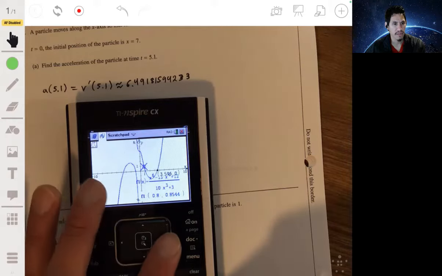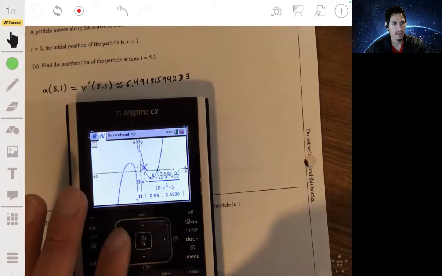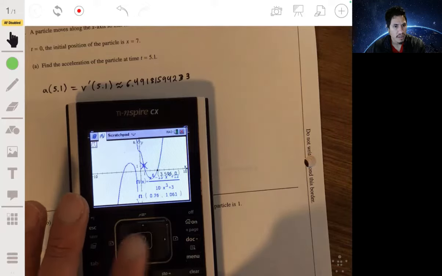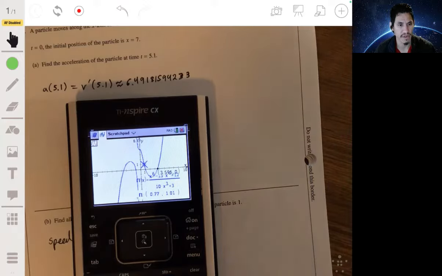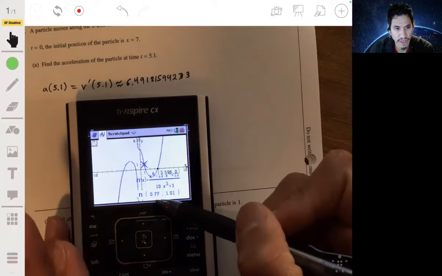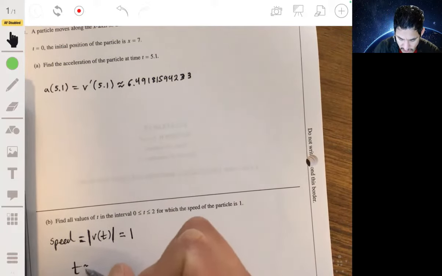So I want to move it up until I get to 1 on this. Oh, so this is about 0.77. So we have one value when x is about 0.77, or in this case t.